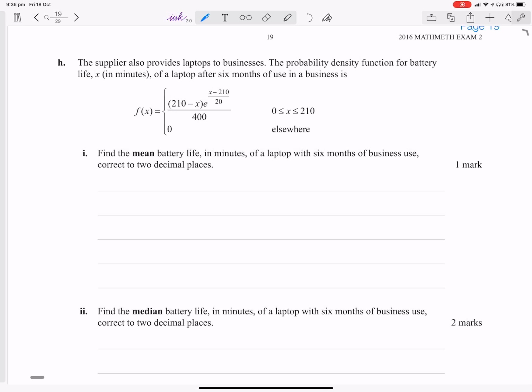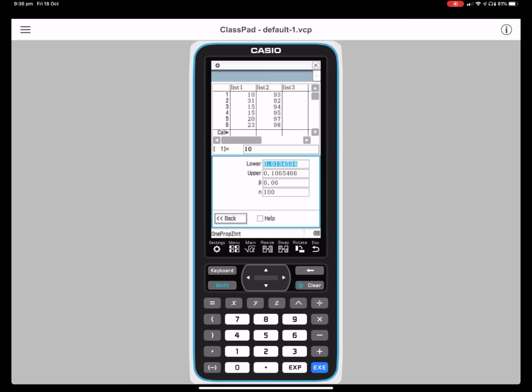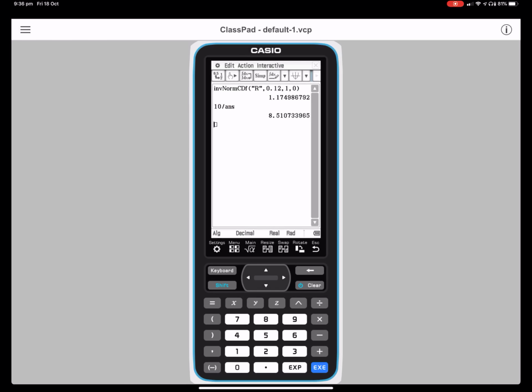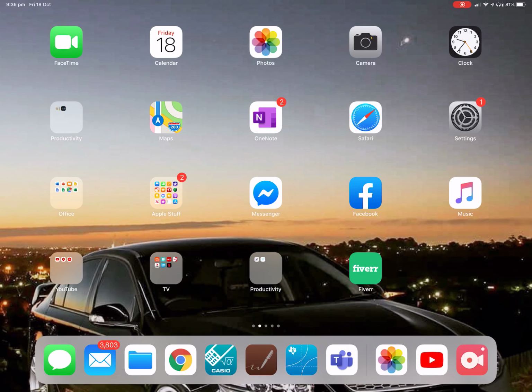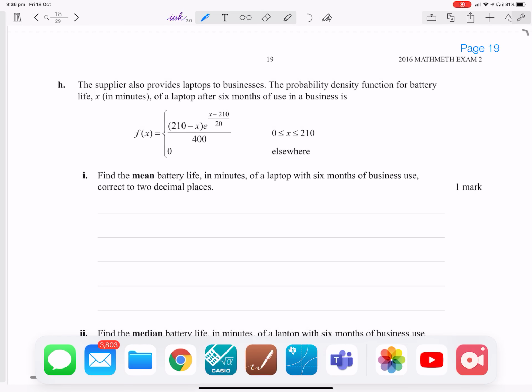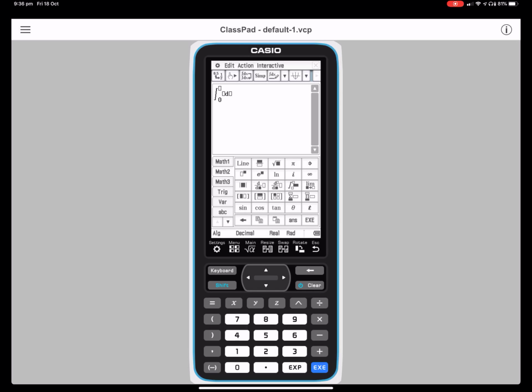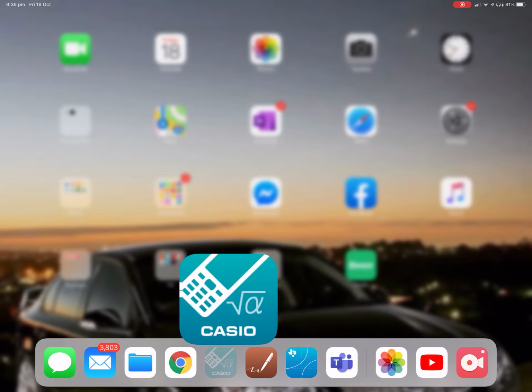So we just want to find the mean of this. This is just painful, and I bet the calculator would take a while to do it. So 0 to 210, and then division.